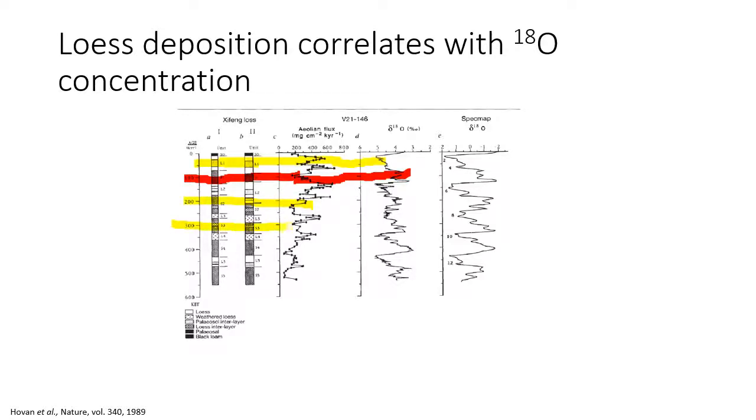So go ahead and pause the video and think, what does that indicate? What sort of processes are involved with this regular 100,000 year interval again and again and again?